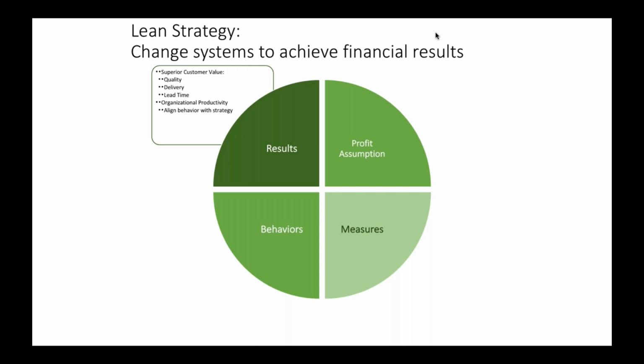That's where lean begins. How do we have high quality, the highest quality in our industry? How do we have the highest on-time delivery in our industry? How do we have the shortest lead times?